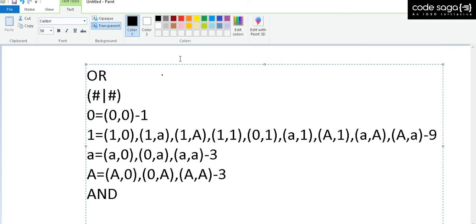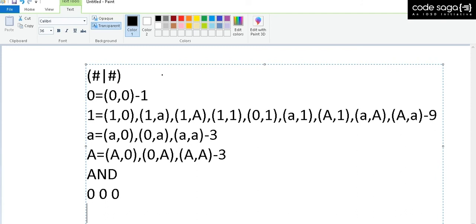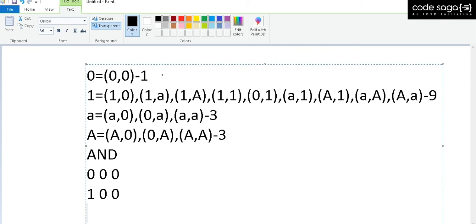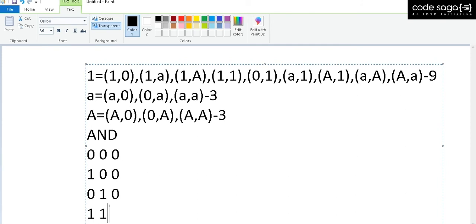So for AND, we'll have 0 a lot more times, because the truth table of AND goes 0 0 is 0, 1 0 is 0, 0 1 is also 0, and 1 1 is 1. That is, when all bits are 1, it will be 1, else the output will always be 0.